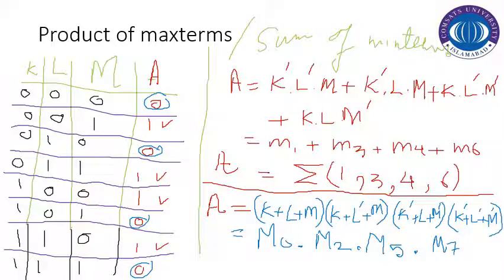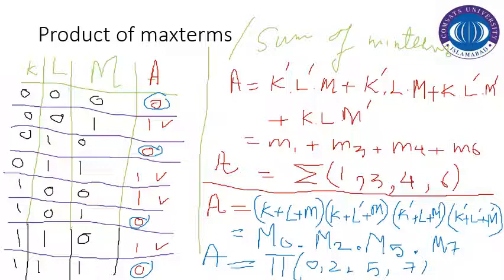And we can also represent this function in the product of max term format as A equals this pi symbol. This pi symbol represents the product of max terms, and we will provide the index of those terms: 0, 2, 5 and 7.